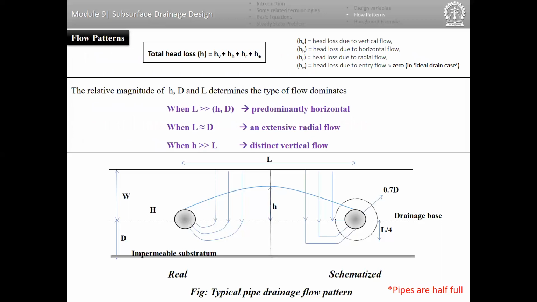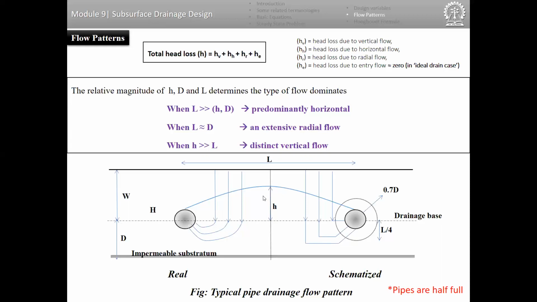Now, the extent of these three flows, the vertical flow, horizontal flow, and radial flow, depends on this head H, the depth of the impermeable substratum D, and the spacing L. So these three parameters H, D, and L determine the type of flow that dominates.